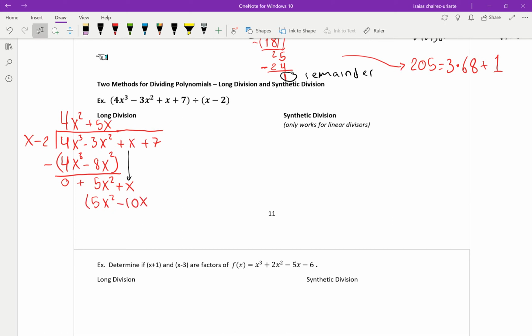And then I'm going to subtract. So what happened here is I said 5x times x, that's how I ended up with 5x squared, and 5x times negative 2, that's how I end up with this negative 10x. And now I've got to subtract these two terms minus these two terms that I generated. So 5x squared minus 5x squared, that's 0. x minus negative 10x, well, that's like saying x plus 10x, so that would be plus 11x. And then I'll bring down this 7.